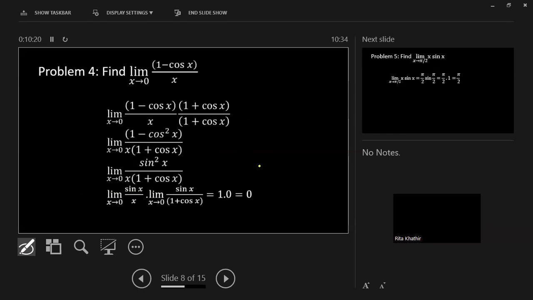At this time, we continue to problem 4: prove that the limit as x approaches 0 of 1 minus cosine x over x equals 0. Actually, we tried this yesterday. If you change the value of x directly to 0, then we have 1 minus cosine 0 over 0. The numerator gives 0, because cos 0 is 1 and 1 minus 1 is 0.